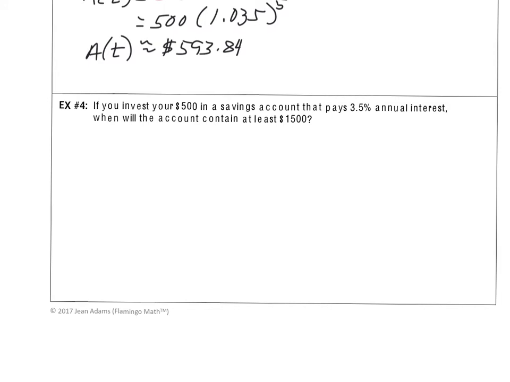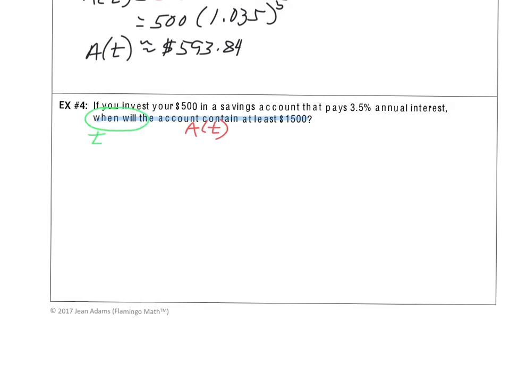That is going to be your A of T. That's your Y, that's your final amount. And this when will part, that's your T.